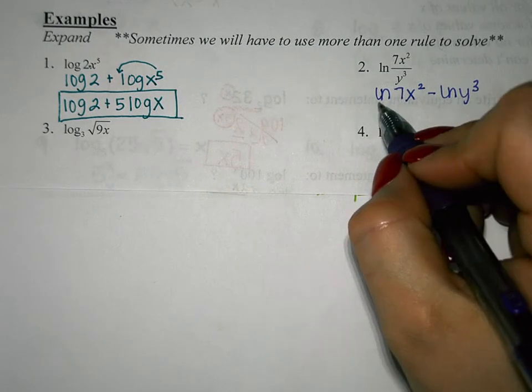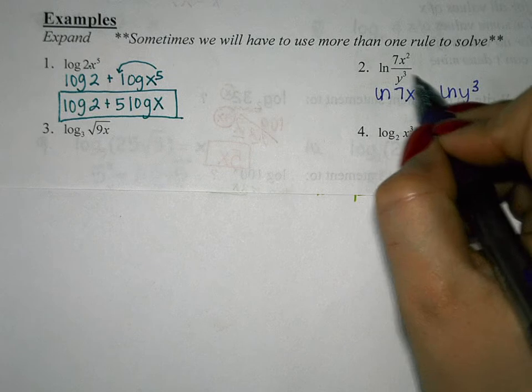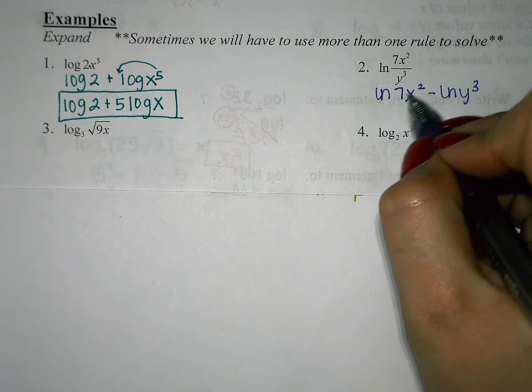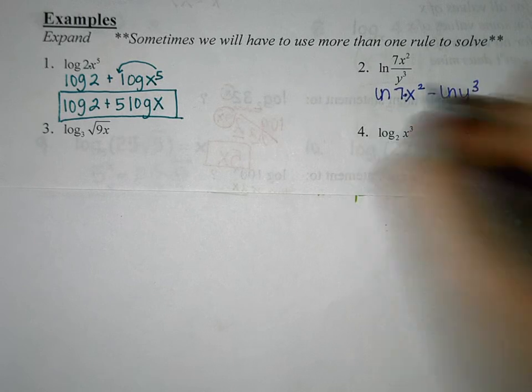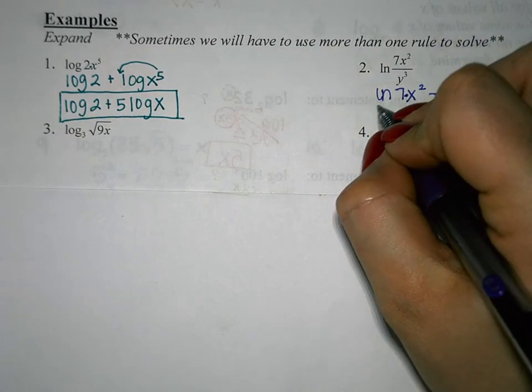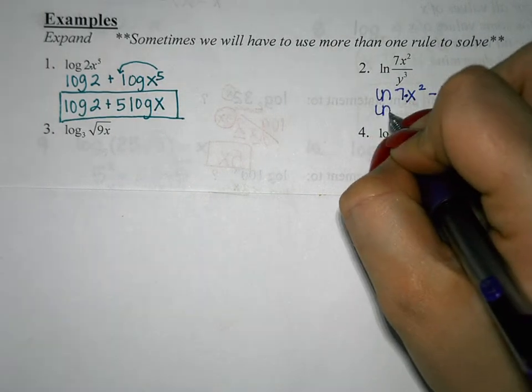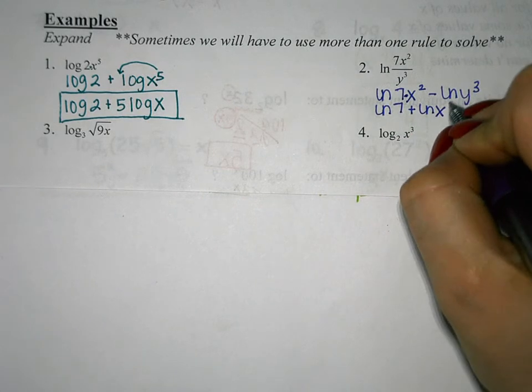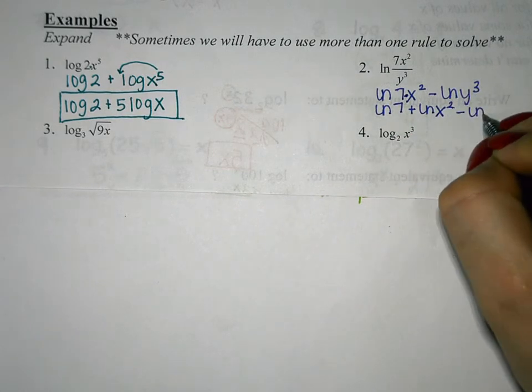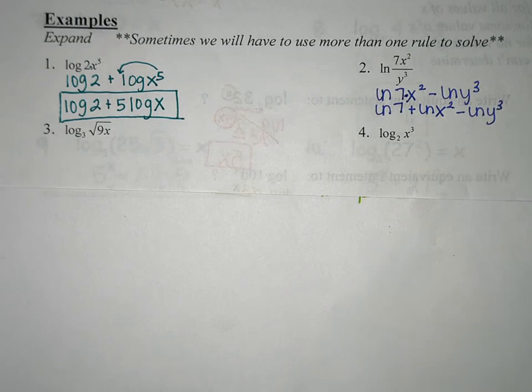And then I notice that in my natural log, I have 7x squared. Remember that squared is only attached to the x, so this 7 and the x squared are actually being multiplied. So I need to rewrite this as natural log 7 plus natural log of x squared minus natural log of y cubed.